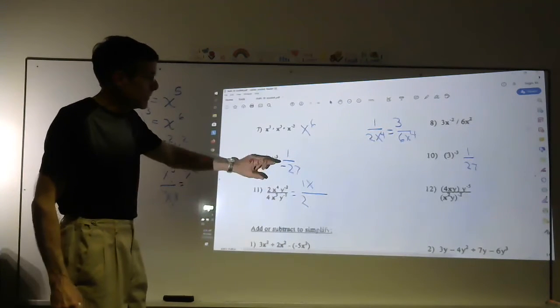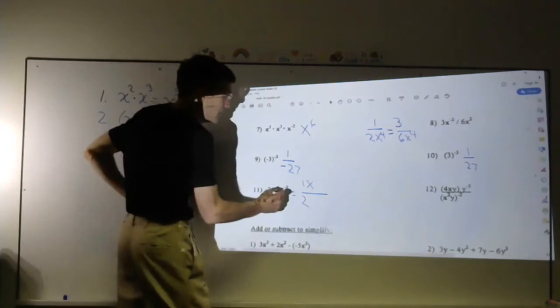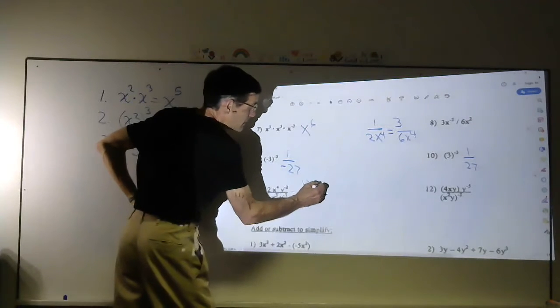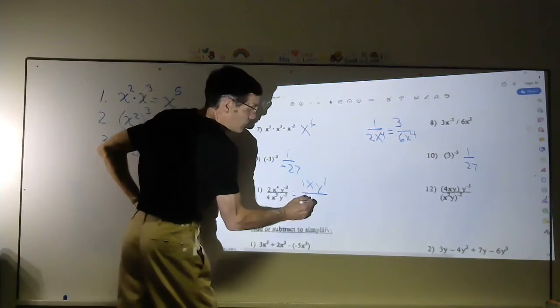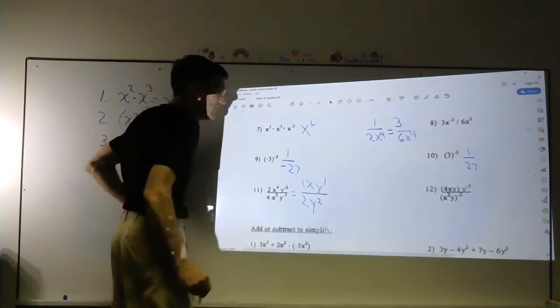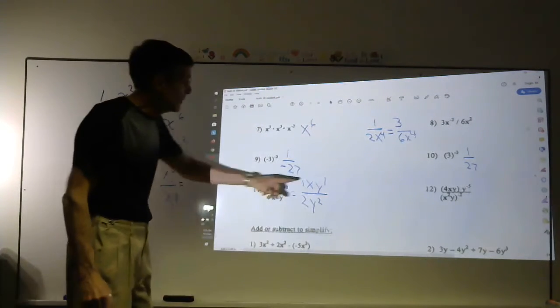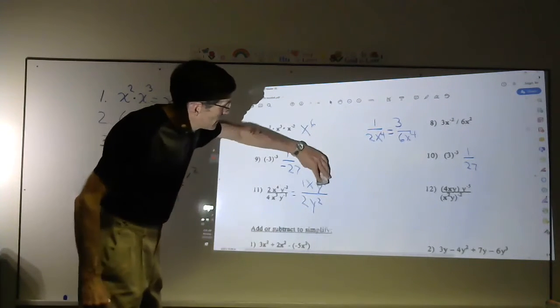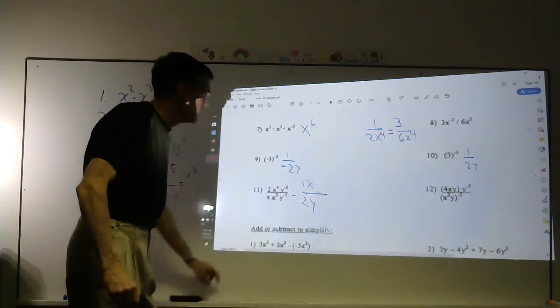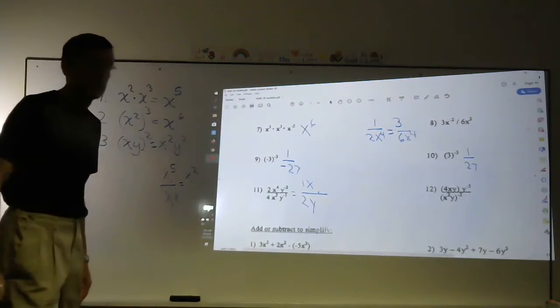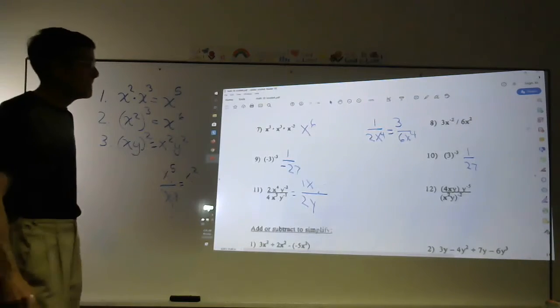They need to flip. The y to the minus 1 flips to the top and becomes a 1. The y to the minus 2 flips to the bottom and becomes a 2. Now you can kill the y on the top, kill that y, and it knocks one of them off on the bottom. So your final answer is x over 2y.